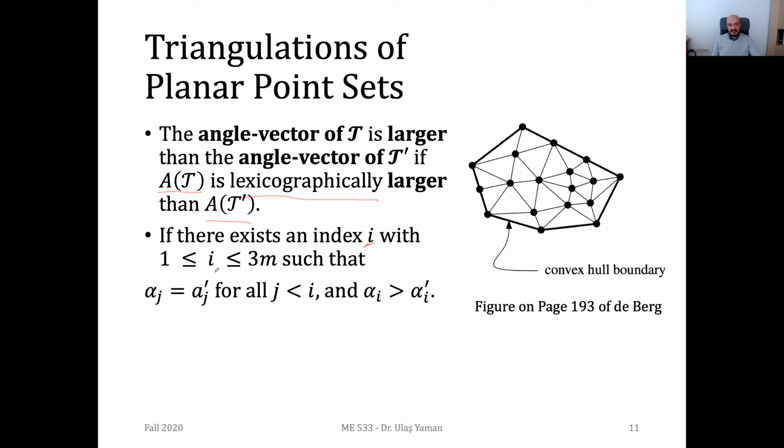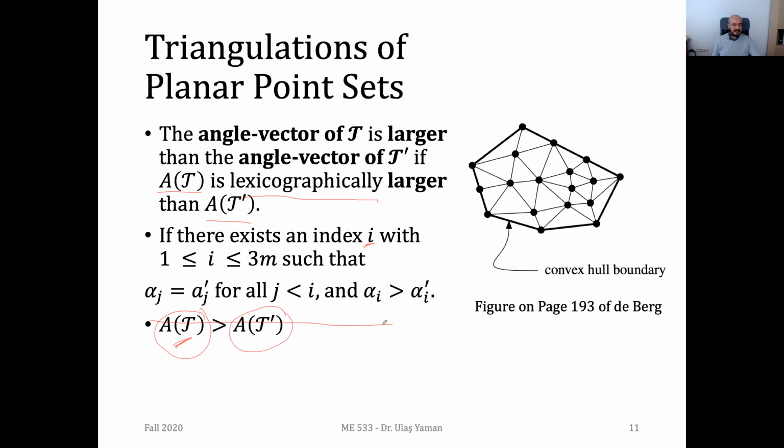It can be any index. It might be 5th or 6th, it doesn't matter. If you have such an index and if this is satisfied, then we can say that the angle vector of the first triangulation tau is lexicographically larger than the angle vector of tau prime. So let's give an example.